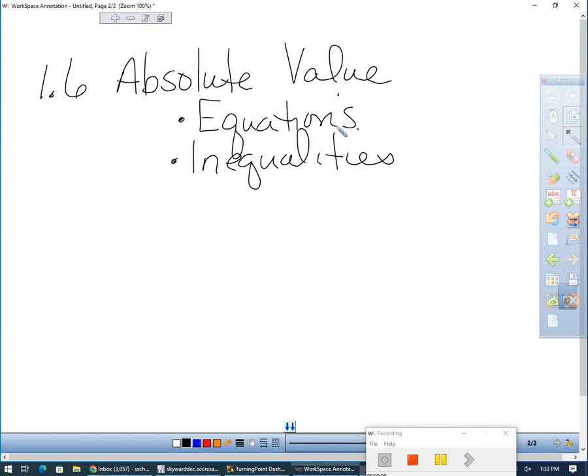Look at here. All right, so when we're solving absolute value, first step is you have to isolate the absolute value.